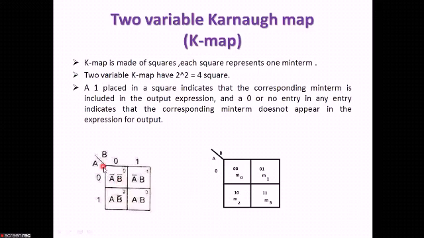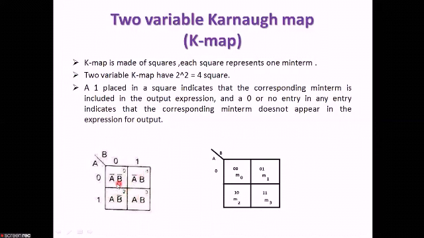Now see, there are 2 variables, A and B. We have written 0 and 1, 0 and 1. Now 2 variables means there will be 4 squares: 1, 2, 3 and 4. We have numbered them 0, 1, 2 and 3.